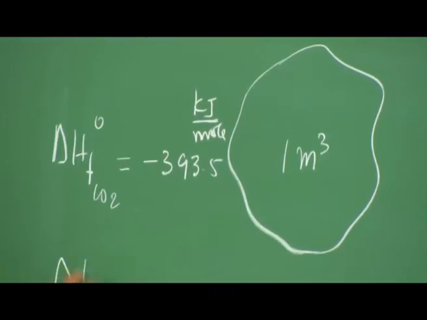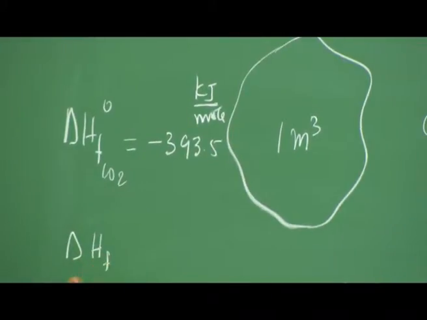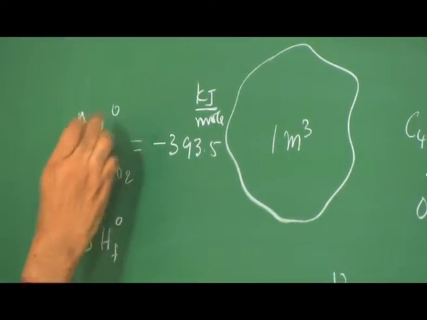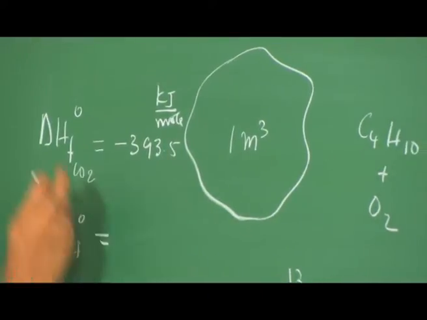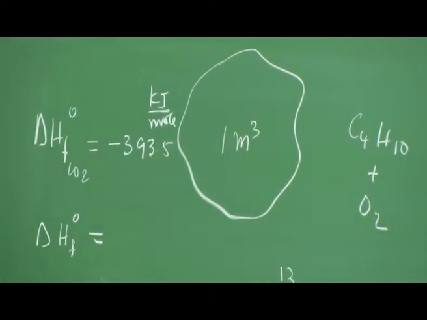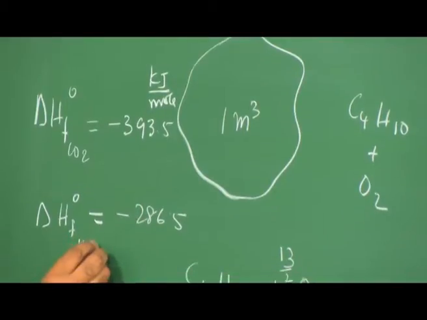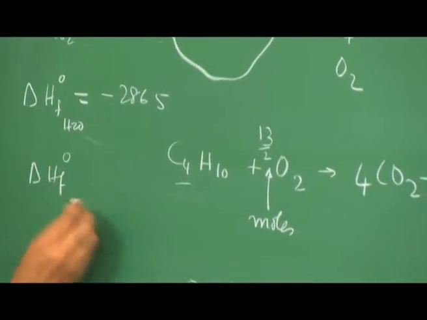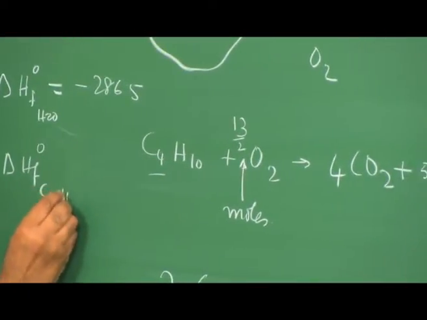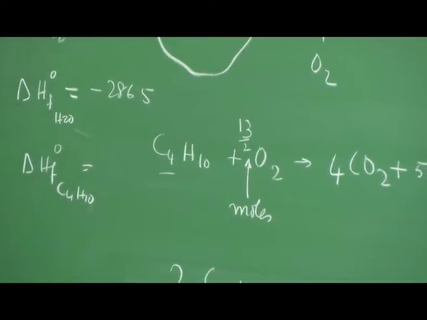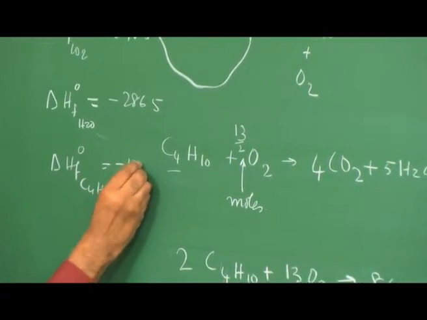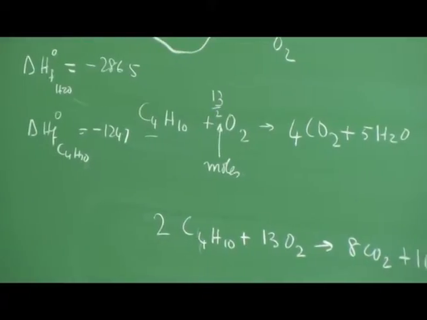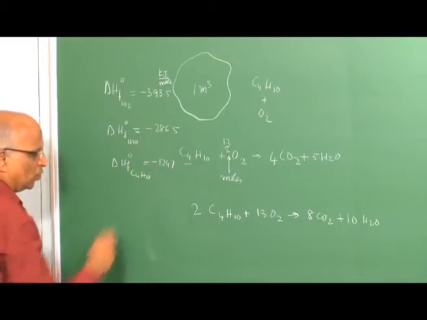The heat of formation of water at the standard condition, the standard heat of formation, was equal to minus 286.5 kilojoule per mole, and this is for water H2O as liquid, and the heat of formation of butane C4H10 was equal to minus 124.7. This is all in kilojoule per mole.